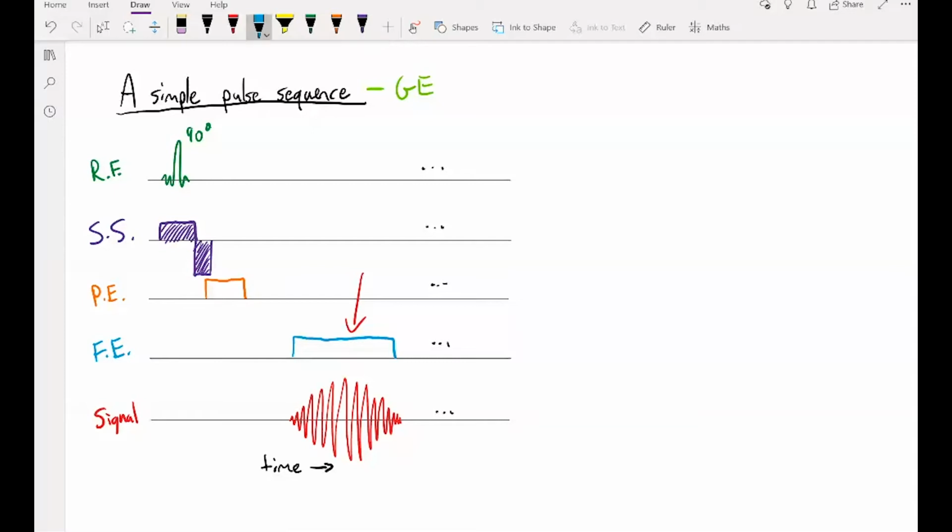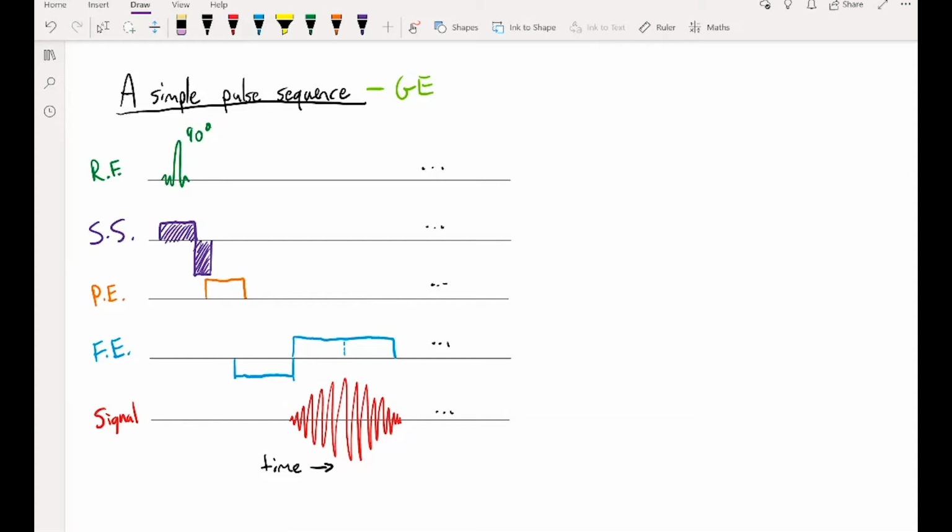Typically, for frequency encoding, which we also need to reverse, we're already near the maximum of our frequency encoding gradient to maximize those differences. So instead, we are going to keep the magnitude relatively similar, and then apply the negative gradient here. That looks about right. You can see I have drawn our negative frequency encoding lobe before the actual signal recording, and also for half of the duration of the actual signal recording.